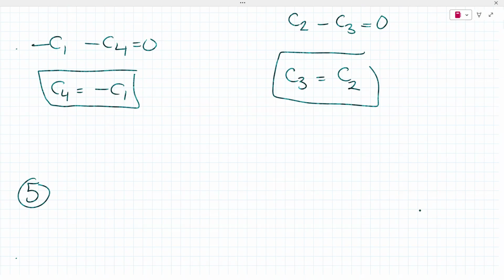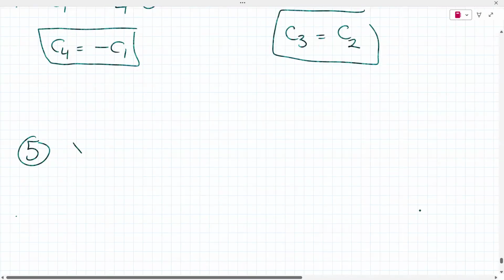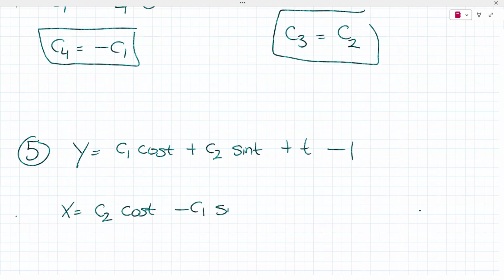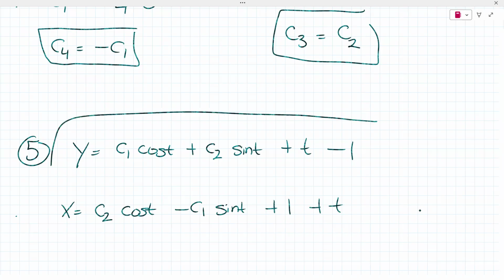So your final equation for y is going to be y equals C1 cosine of t plus C2 sine of t plus t minus 1, and then x equals C2 cosine of t minus C1 sine t plus 1 plus t. Okay, so this is your final equation.